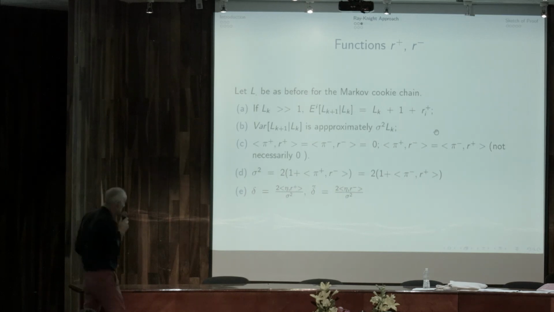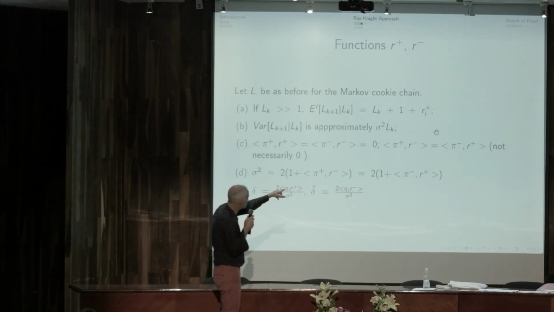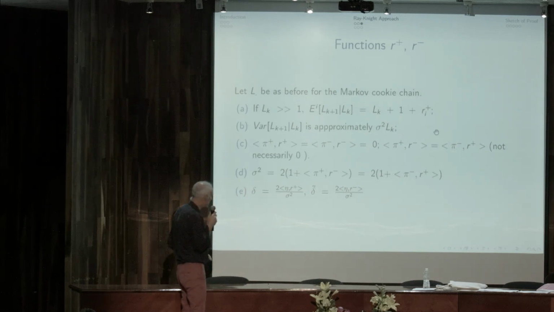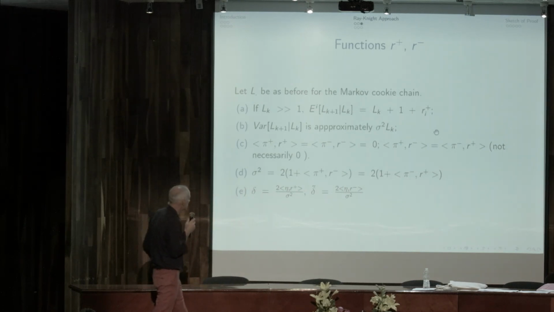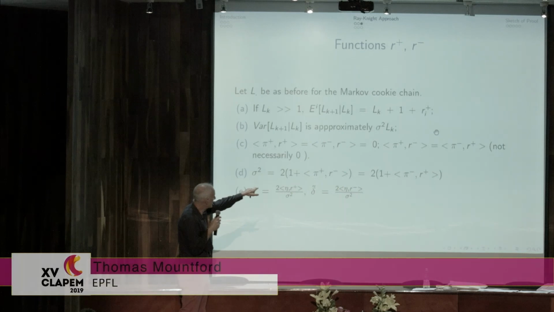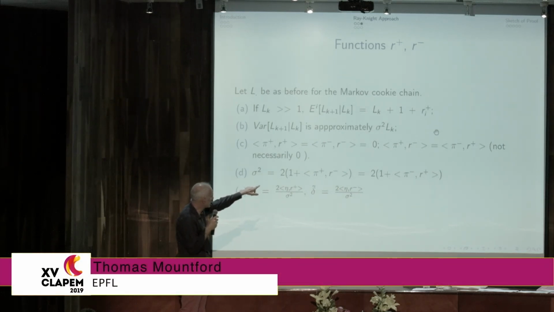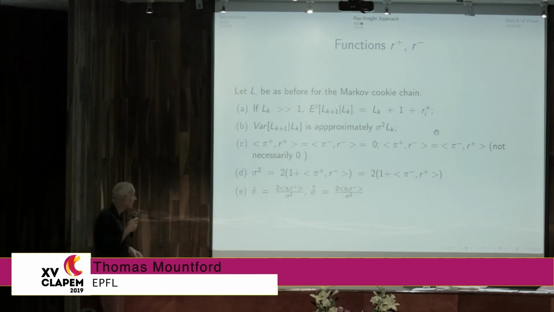Okay? And that can't happen. On the other hand, the integral of R minus with respect to pi plus, there's no reason why that should be 0. The integral of R minus with respect to pi plus is equal to the integral of R plus with respect to pi minus. But they're both not 0. And sigma squared just comes out.